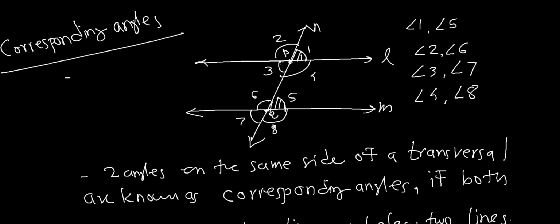This is 3, and this is 7. They lie on the same side of the transversal but below the lines L and M, so they are corresponding angles.